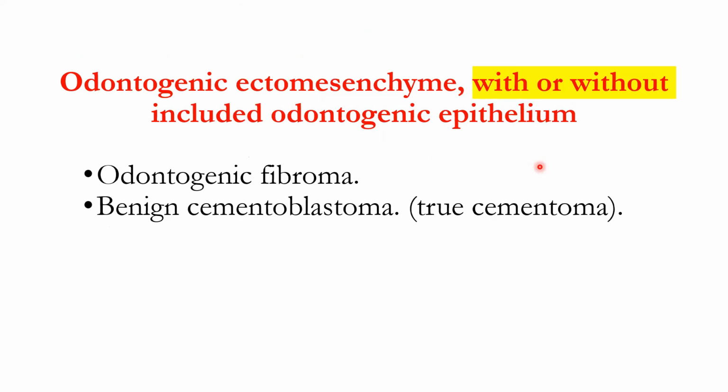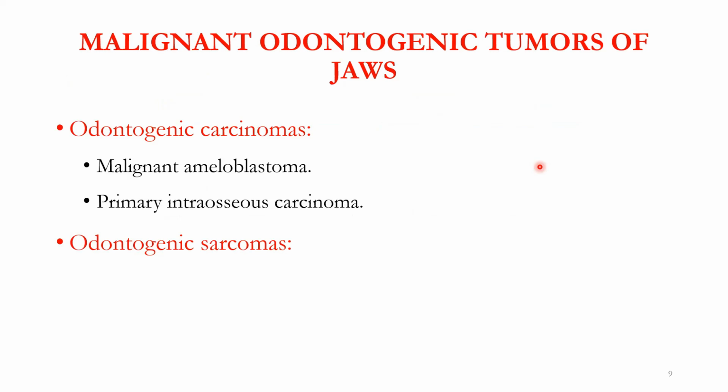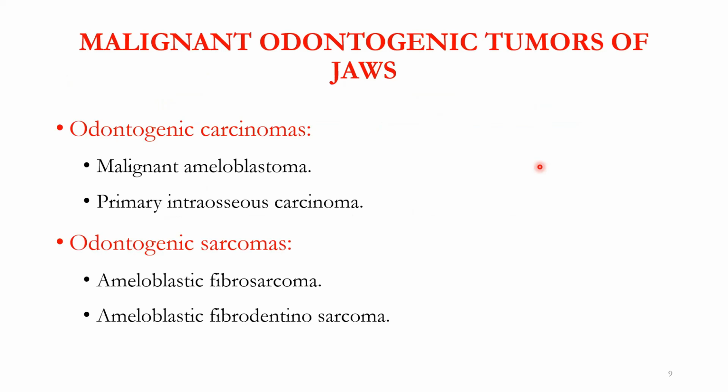And the last type under this is the odontogenic ectomesenchyme, with or without any odontogenic epithelium, under which we'll be discussing odontogenic fibroma and benign cementoblastoma. So malignant odontogenic tumors, I told you, are classified as carcinoma and sarcoma, and like I said, these will be briefly discussed, not in detail.